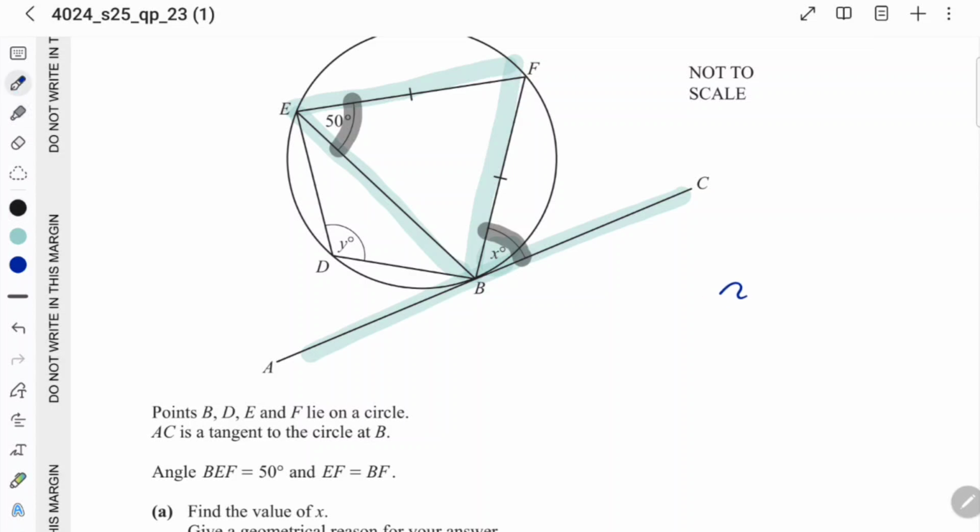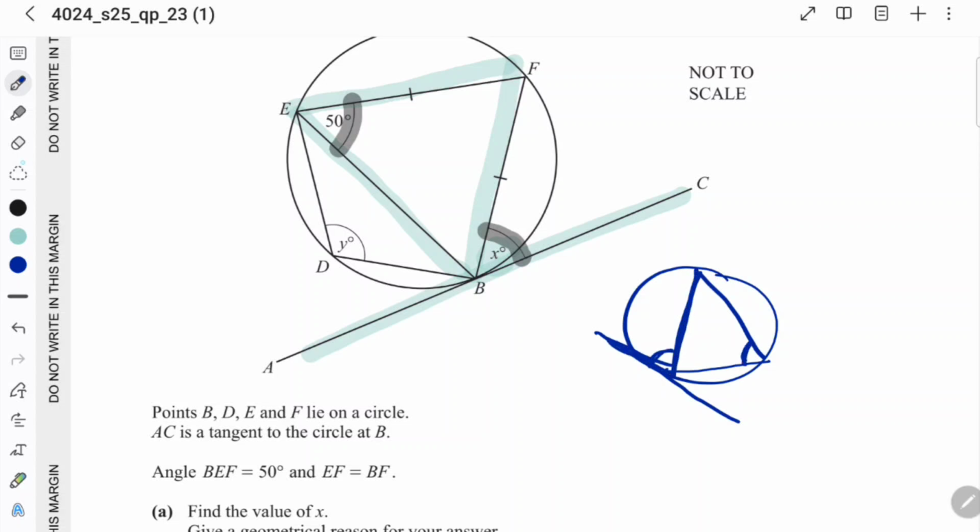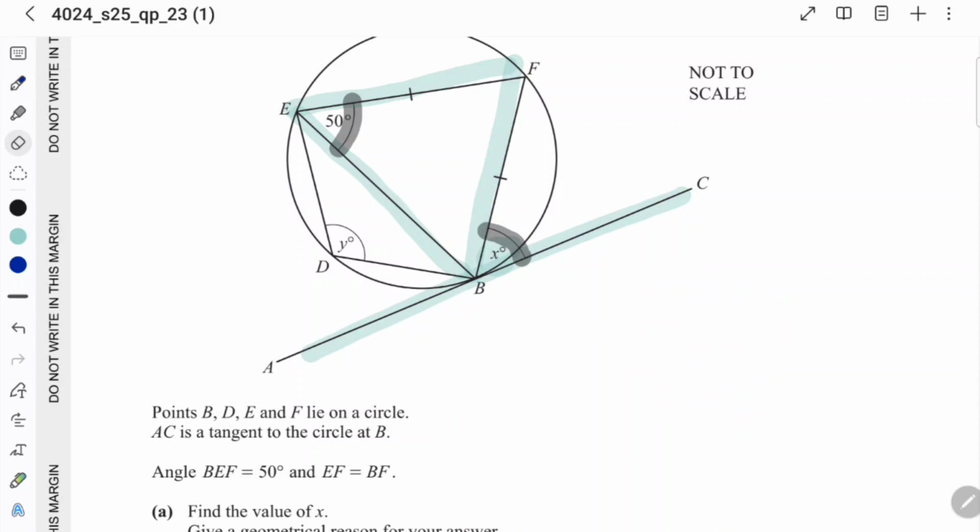Okay, because of this alternate segments, if I draw the angle, so this is equals to this much. Okay, so right now this is alternate segment, and the other thing which is happening in this diagram, that we have the cyclic quadrilateral. These two angles will make 180 degree, and these two angles will also make 180 degree. So we are starting the question.